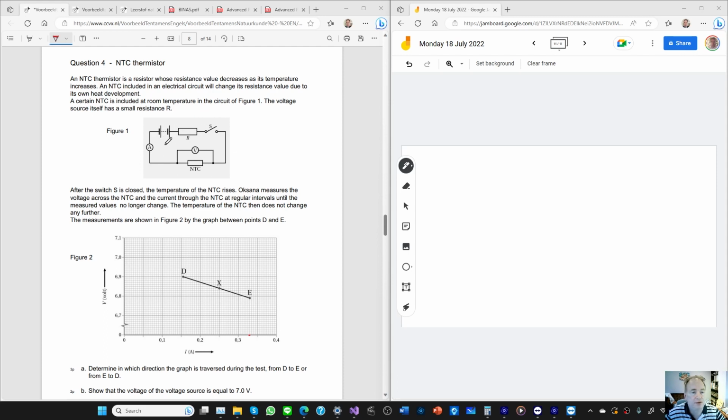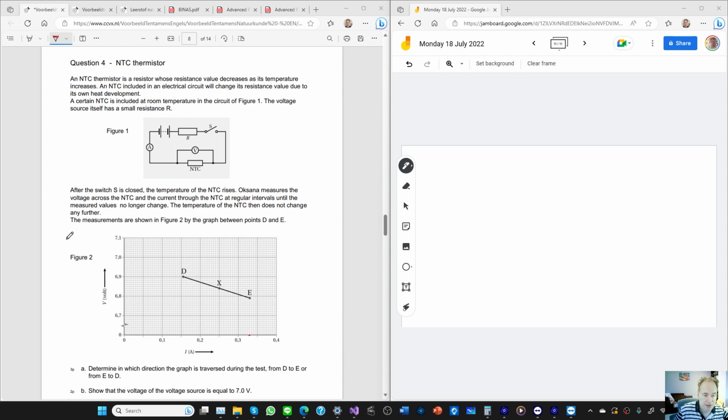There you see a voltage source with a small resistance R here. Then they say after it's closed, the temperature of the NTC rises. Oksana measures the voltage across the NTC and the current, and the temperature then does not change any further. And here are the measurements.